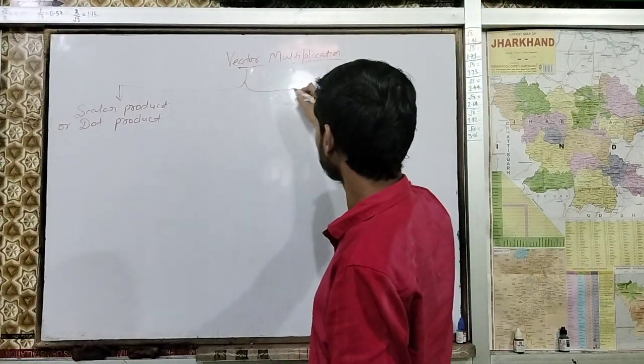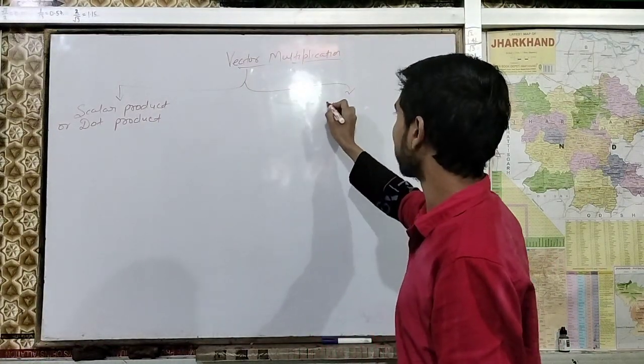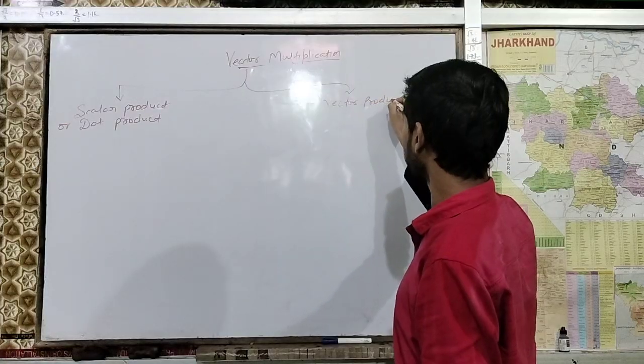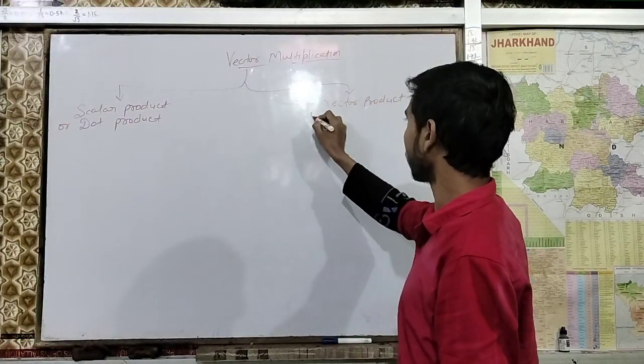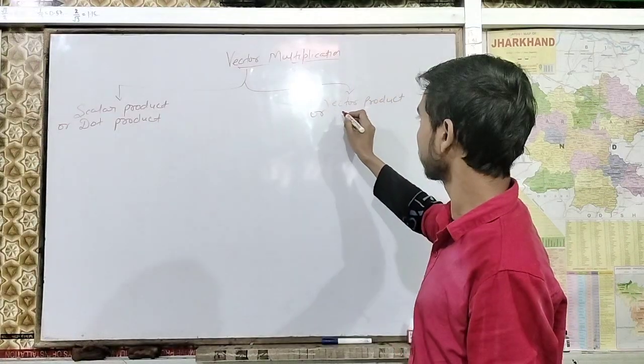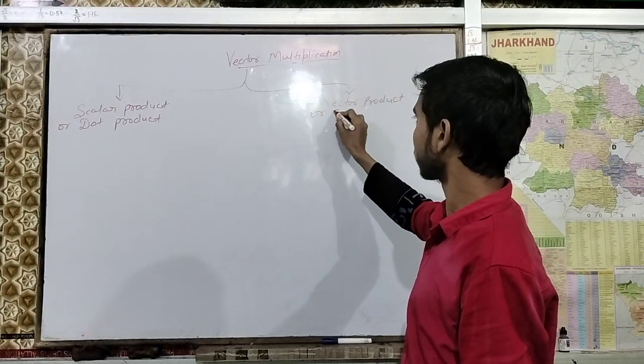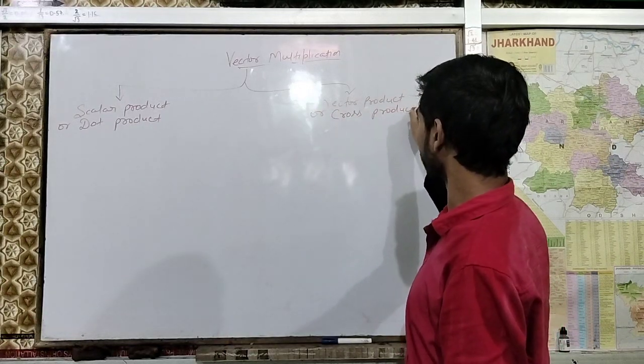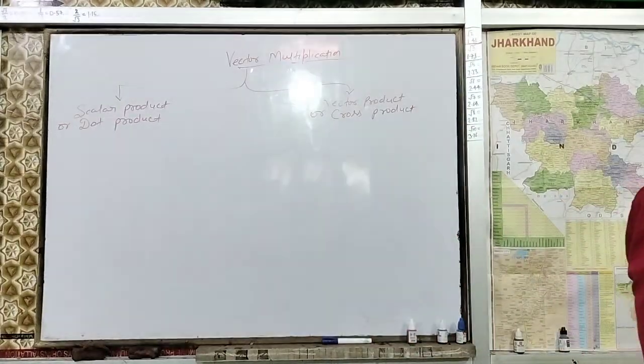Another will be nothing but a vector product, or you can call it a cross product.